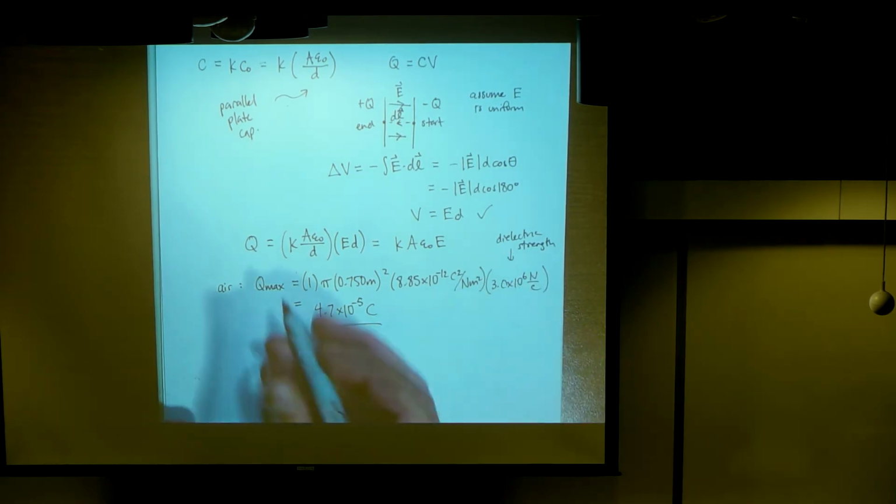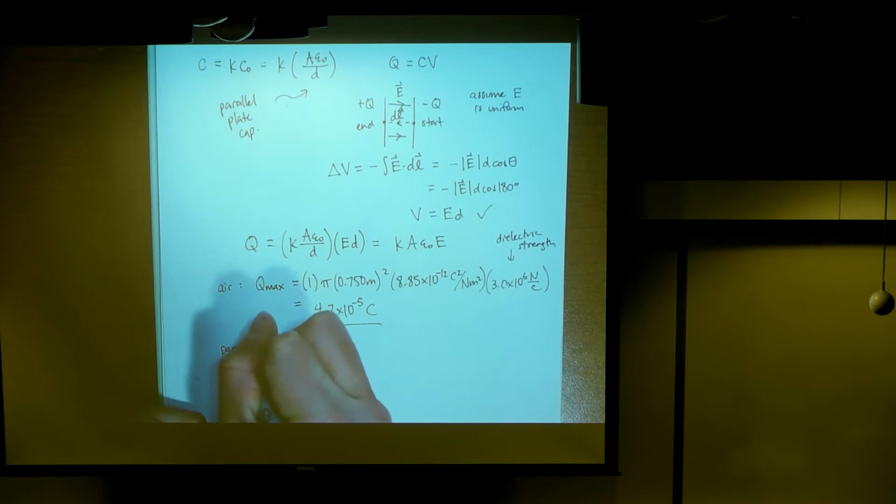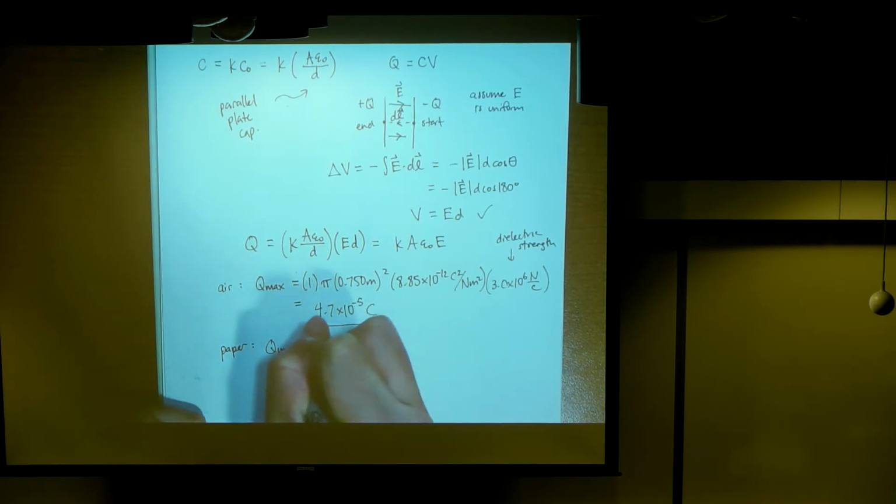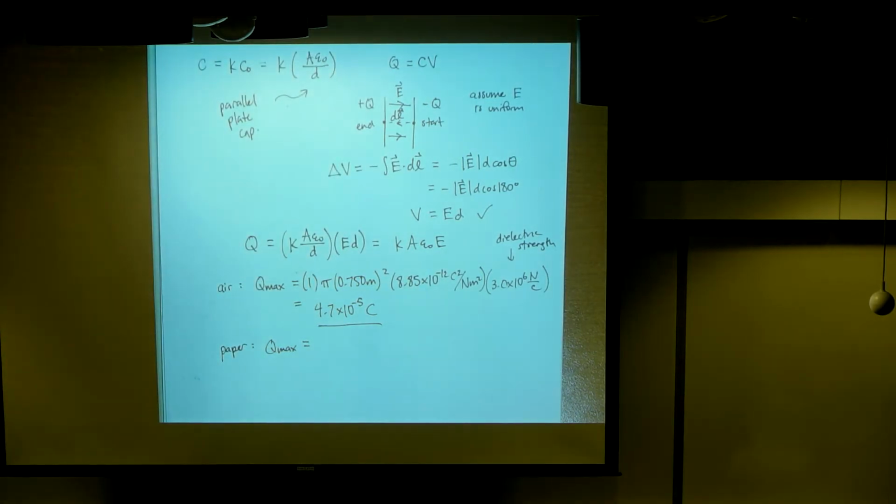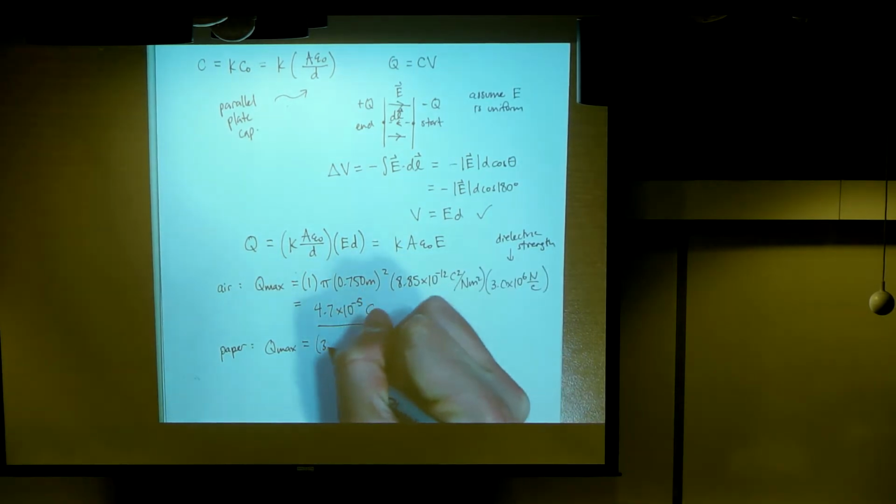Okay, if it's filled with paper, we're just doing the same calculation, but different values for K and E are going in there because it's a different dielectric constant and a different dielectric strength. So the K value for paper is what I gave you. It's 3.7.